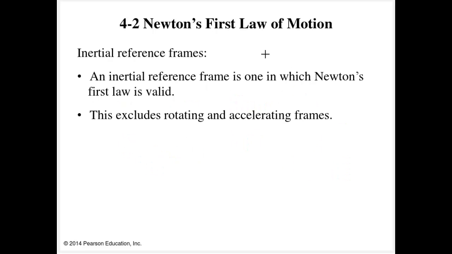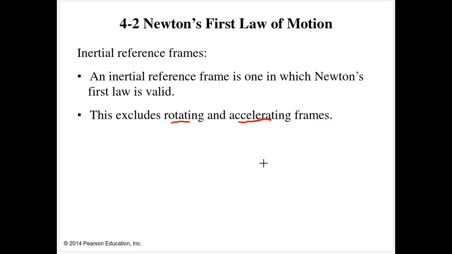Now, one thing about Newton's first law of motion is it is only valid in inertial reference frames, and essentially what that means is rotating and accelerating frames do not follow Newton's first law of motion.